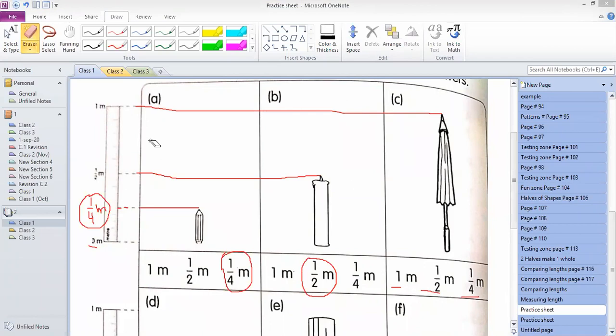No, it is not centimeter, it is meter. 1 meter, half meter, or quarter meter? It is 1 meter, okay? Look, 1 meter tall. Exactly, guys, the answer is 1 meter. So I'm going to circle here 1.